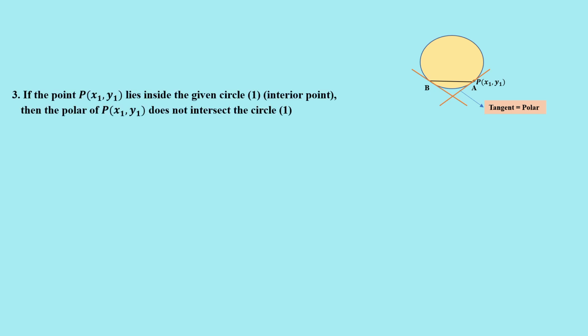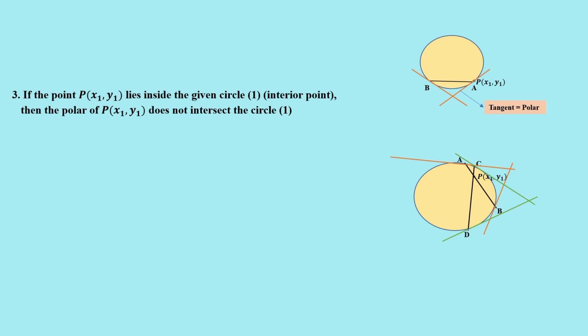If the point P(x1, y1) lies inside the circle, an interior point, then the polar of P does not intersect the circle. Suppose it is inside, then you can draw chords. First chord AB, through P we are drawing chord AB, and then you are drawing the chord CD.